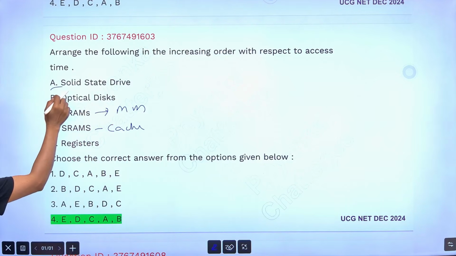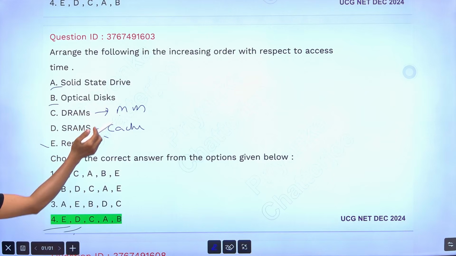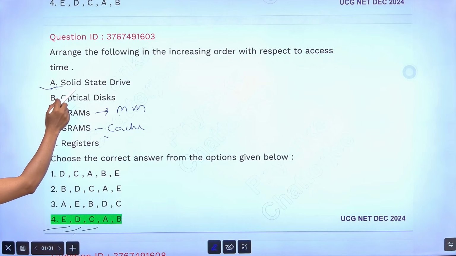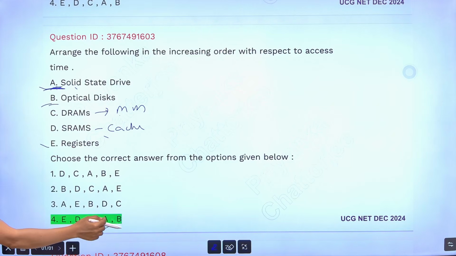And here this is solid state disk and hard disk, and that's why your answer is coming. Register is the fastest one, after that the cache, that is SRAM, then the dynamic RAM, that is main memory, and then SSD. Nowadays all the laptops are using SSD. SSD speed is more than the optical disk, so that's why optical disk. So answer is this one.